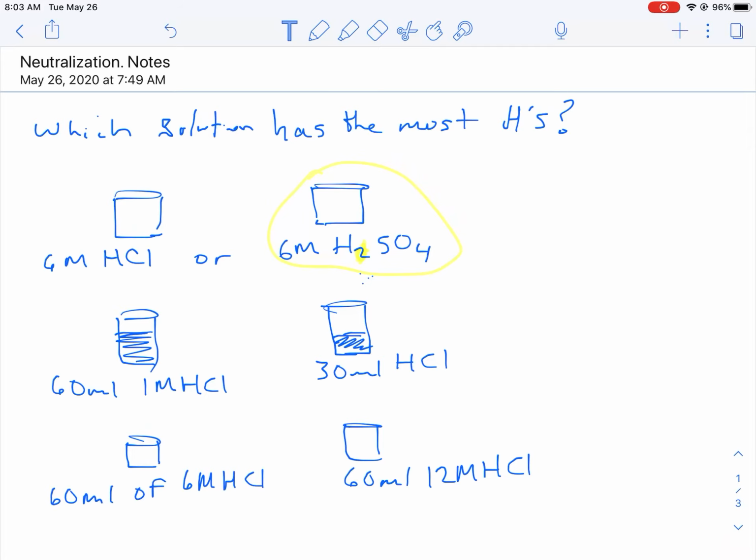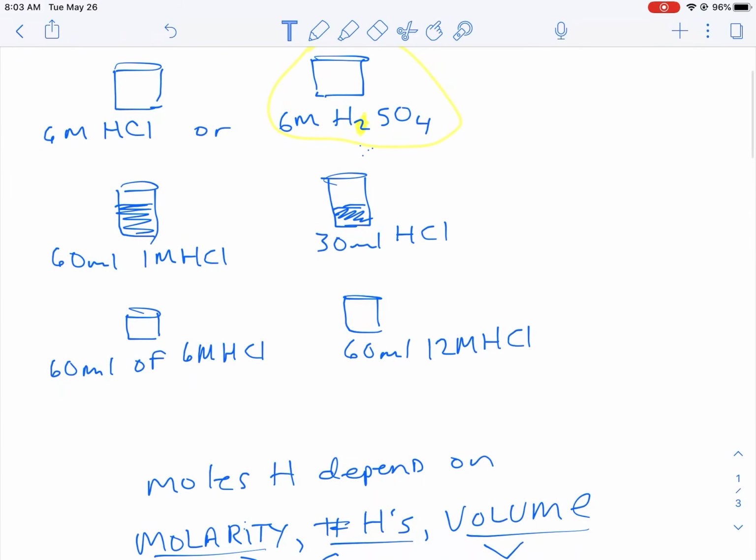Going to the next scenario that we have: 60 milliliters of a 1 molar HCl and 30 milliliters of an HCl. That was supposed to also say 1 molar. I apologize. I'm going to put that in there. 1 molar HCl. Take a moment now and figure out which one has more H's floating around.